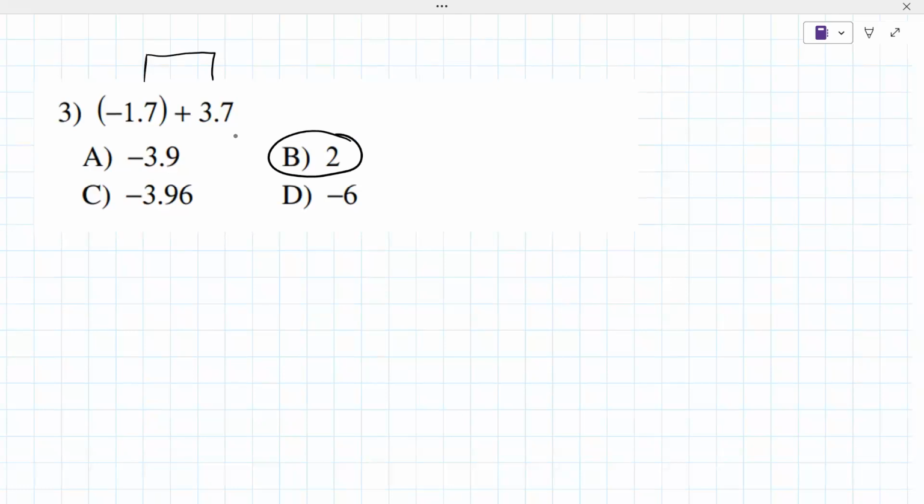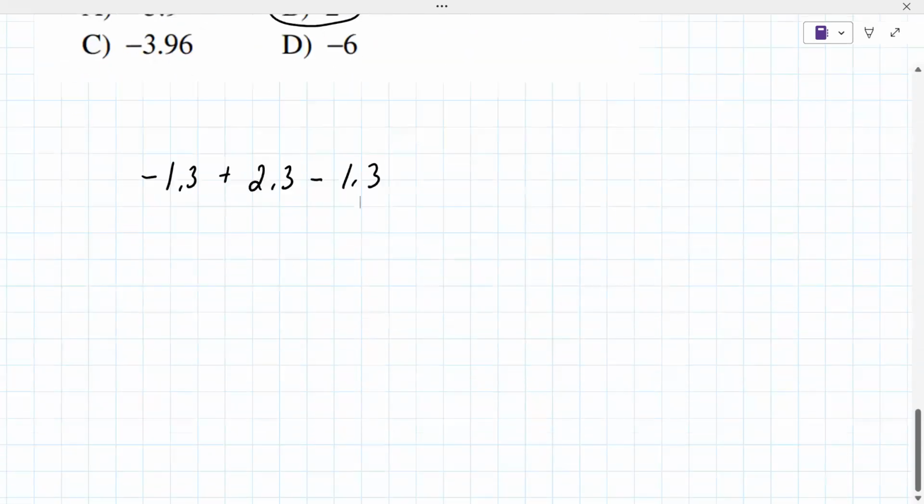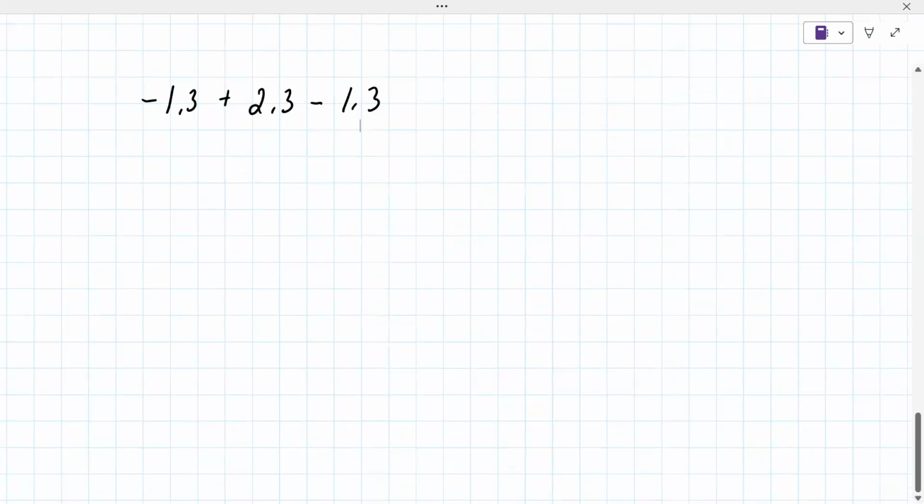Let's go negative 1.3 plus 2.3 minus 1.3. So let's just increase the difficulty a little bit here for you because you did that one right.